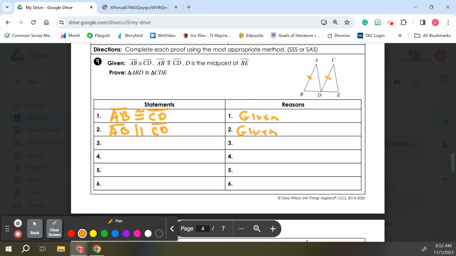All right. So I'm just going to put little arrows here for those so that I know that those are parallel. It is okay to mix the parallel with the congruency symbol. And then they're saying D is a midpoint. Izzy, what is that one again? It's okay, I got it. Given.